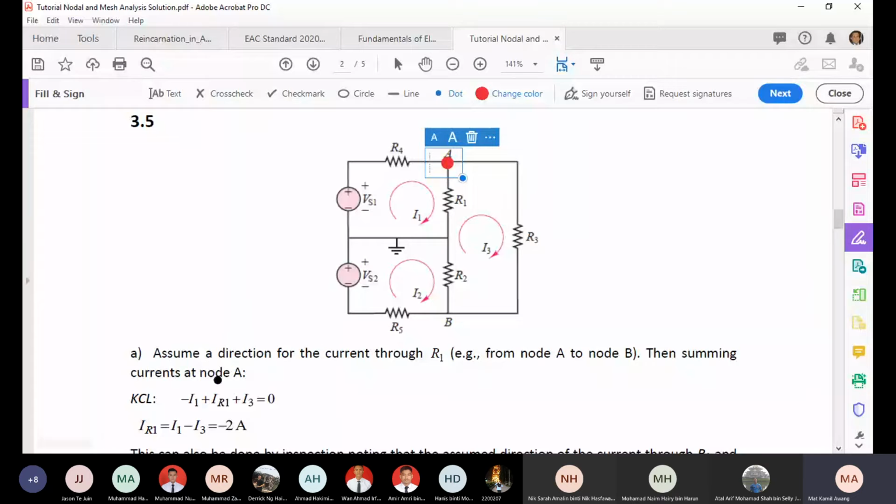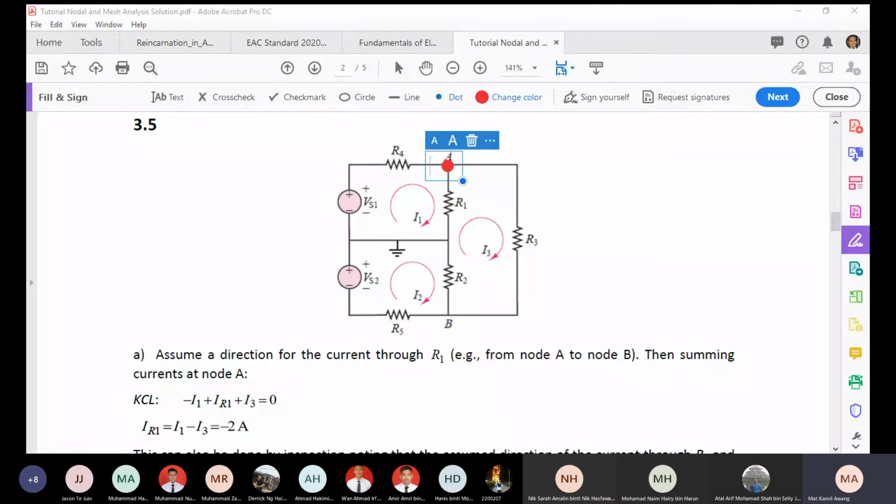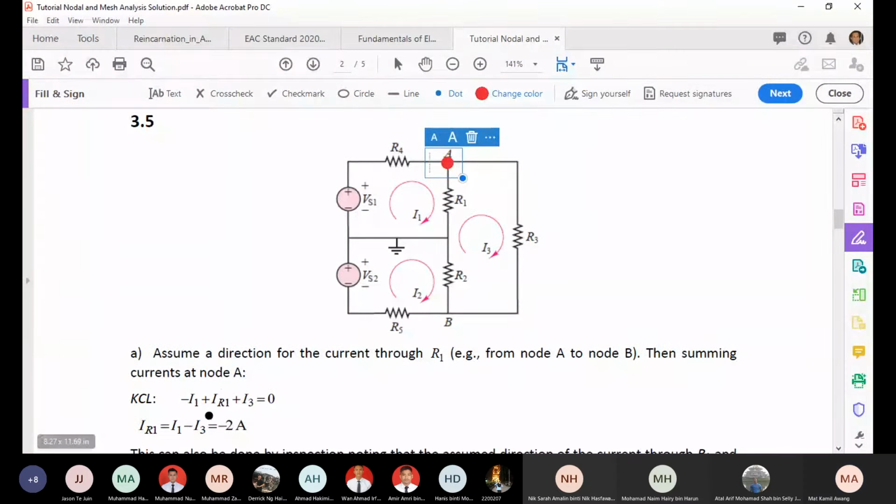So IR1 is equal to I1 minus I3, and I1 and I3 were given in the question: I1 is 5, I2 is 3, I3 is 7. So 5 minus 7 is equal to minus 2 amps.